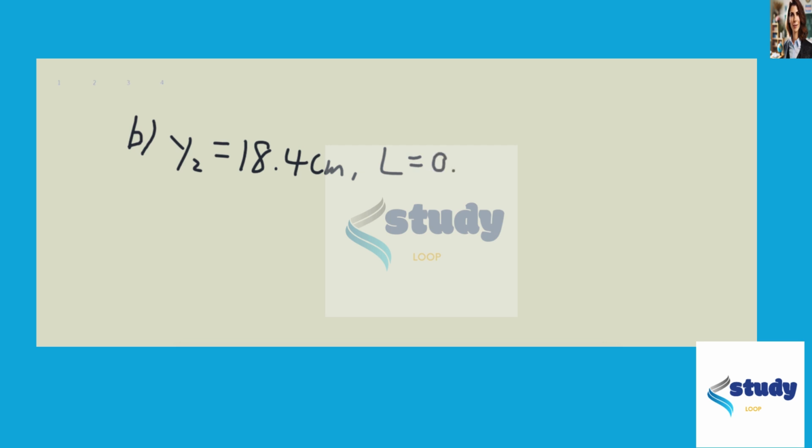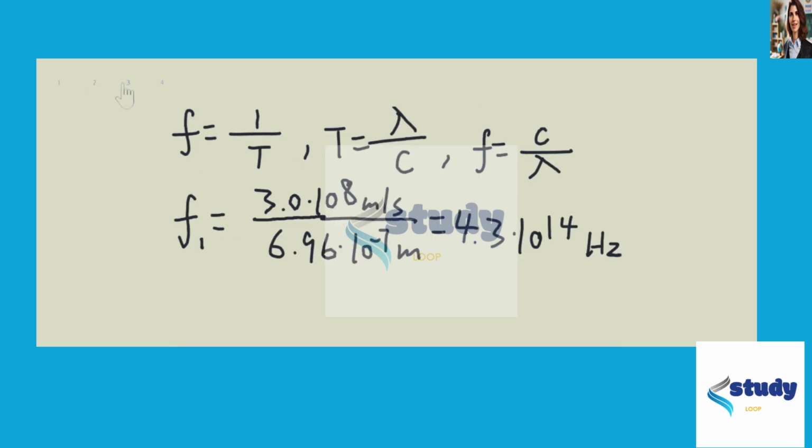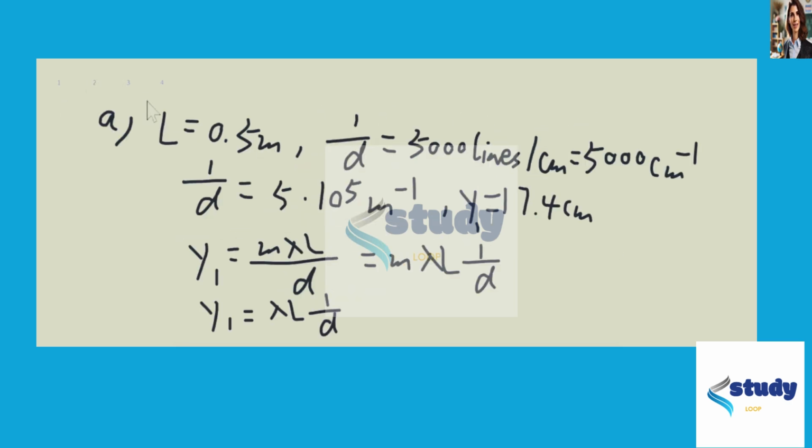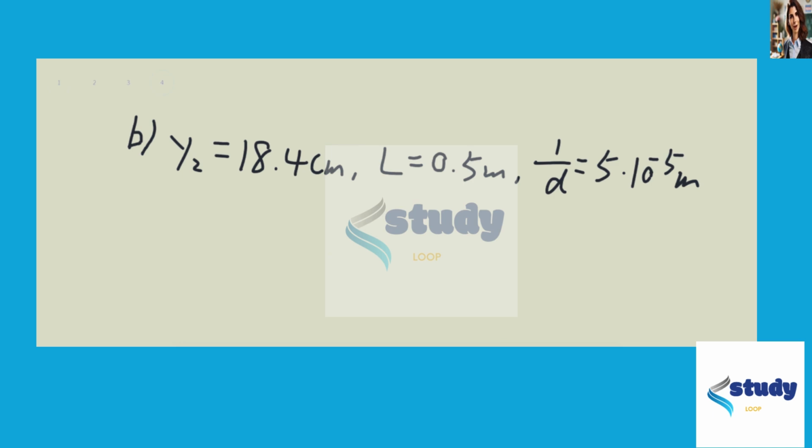It's 0.5 meter. D is the same. 1 over D is 5 times 10 to the 5, sorry, meter to the power of negative 1.